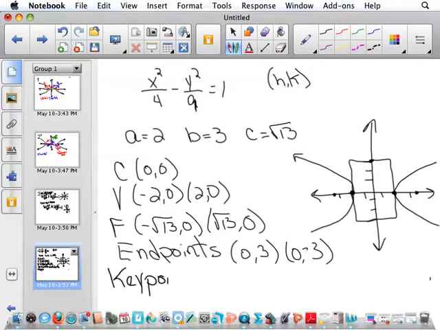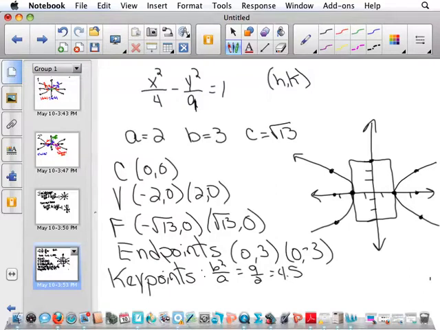Remember, key points are calculated b squared over a, so in this case that is 9 over 2, or 4.5. Remember, key points are above and below the foci when it's opening left and right, and then left and right when it's opening up and down.